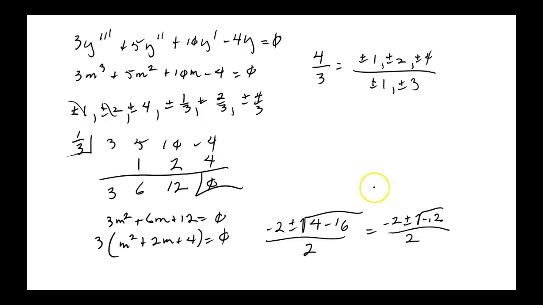Minus 2 over 2 is minus 1, plus or minus. But you can factor a 4 out of 12. That's going to be a 2i, so the 2 will go away, so it's i root 3.